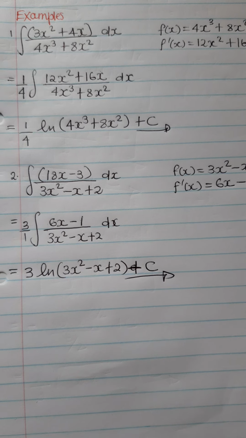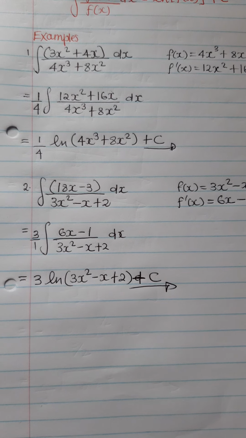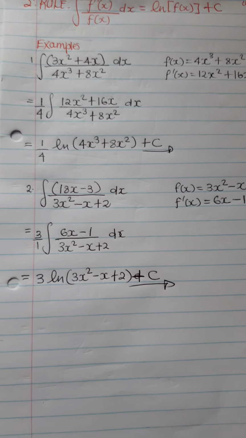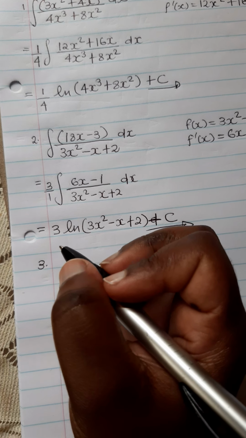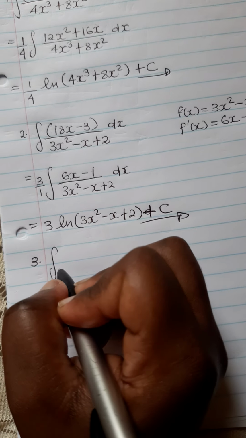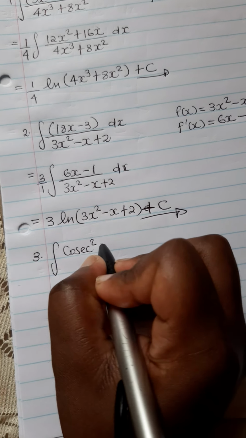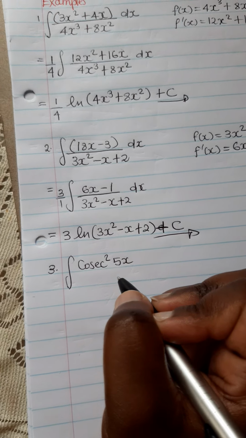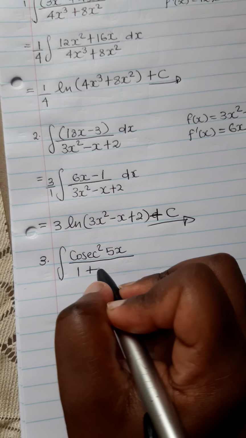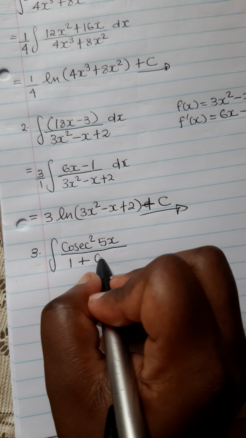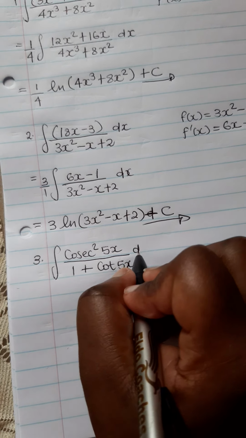Right. So that's how you apply this rule. Let's see if we have another example. Okay, let's look at example number 3. Find the integral of cosec squared 5x all over 1 plus cot 5x dx.